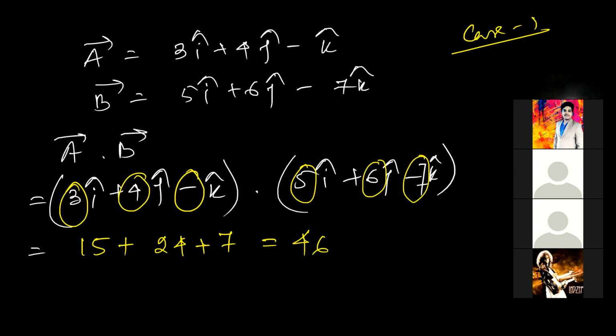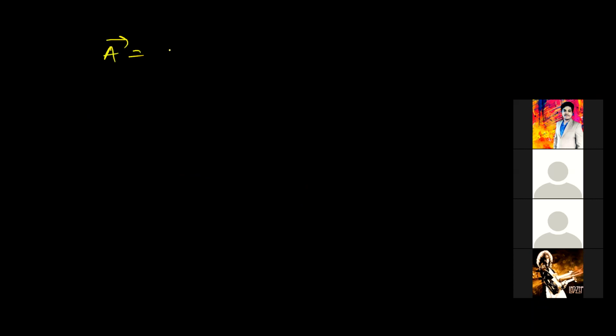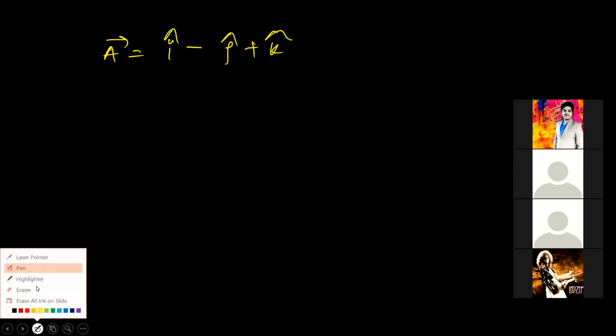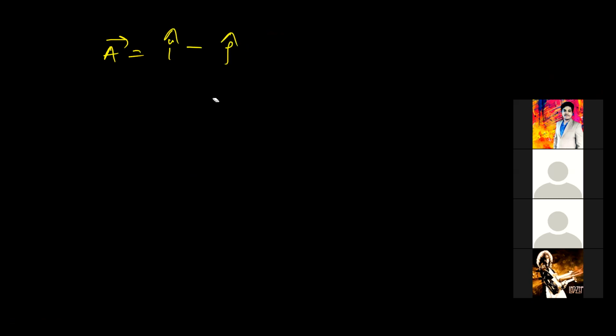Okay. Now, the second case. The two vectors are given. A vector is given as i cap minus j cap. Suppose we are considering only i cap minus j cap, and B vector is given as i cap plus j cap.